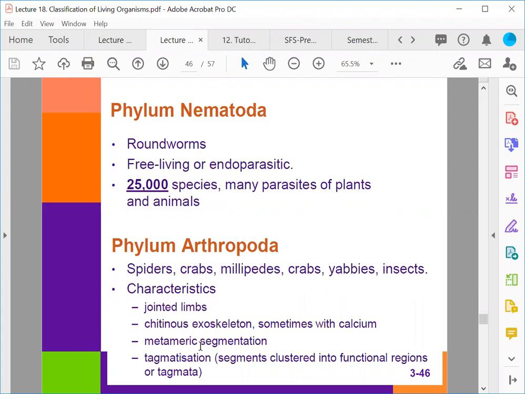They also exhibit metameric segmentation, but with a difference, because that metameric segmentation comes with tagmatization, which is when some of those segments are actually clustered into functional regions called tagmata, and those functional regions, for example, could be the thorax or the abdomen.